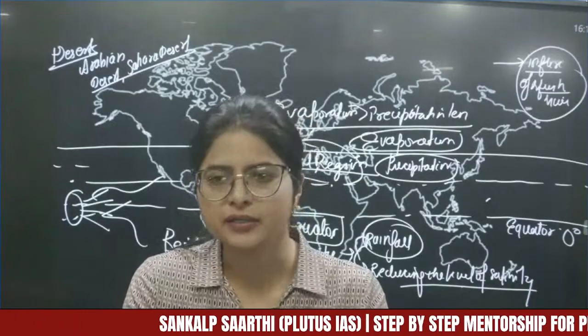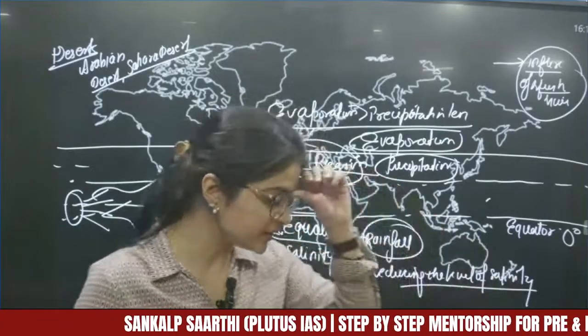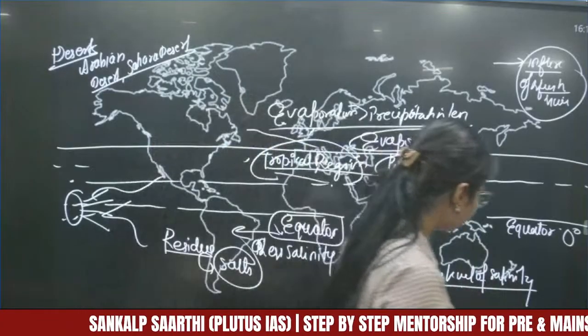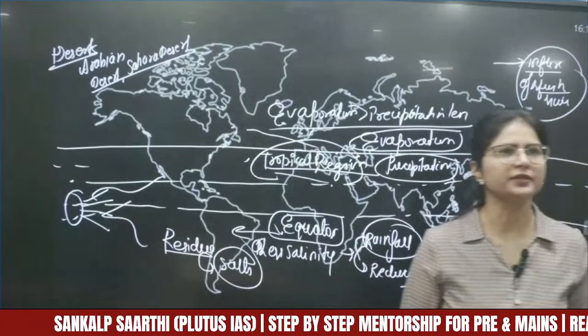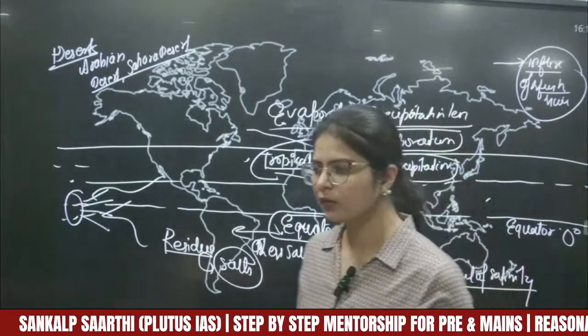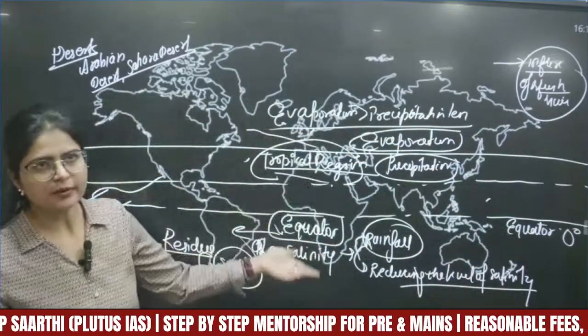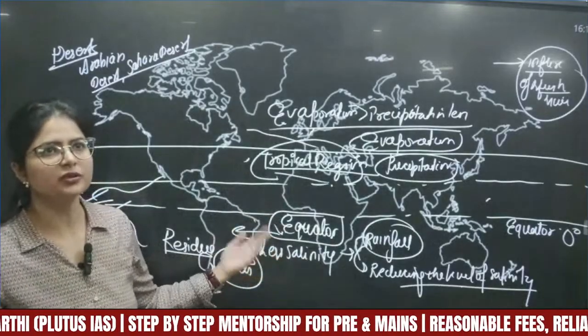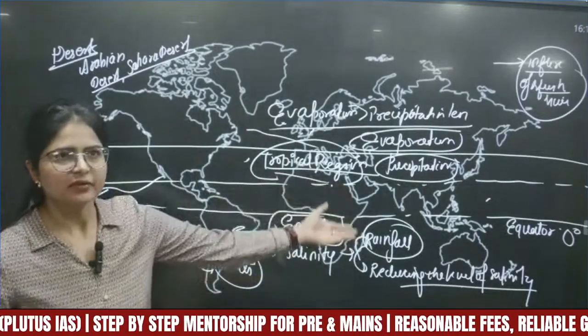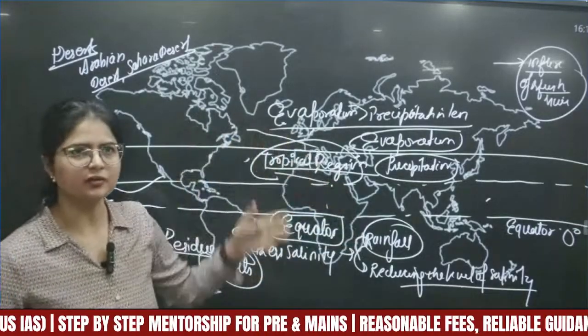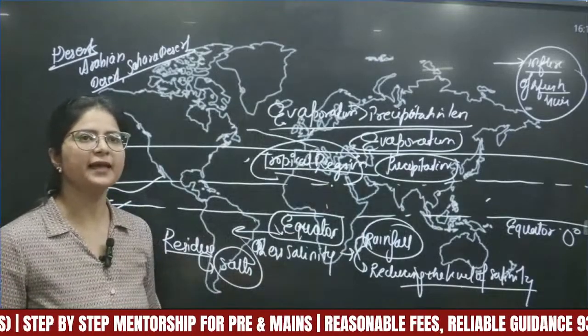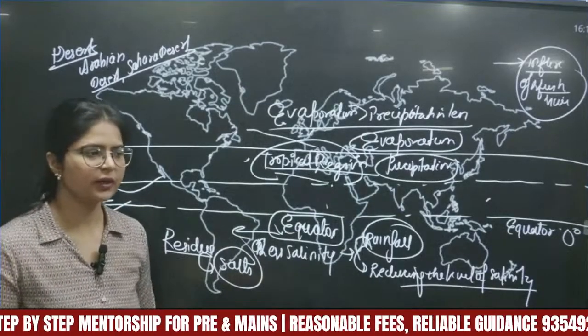When 30 questions are coming from environment and geography, then why are you not taking this advantage? You have to take this. This conceptual clarity is important to have in geography optional, and at the same time, whenever the question comes in prelims, you can easily solve it. So think like that. Okay?